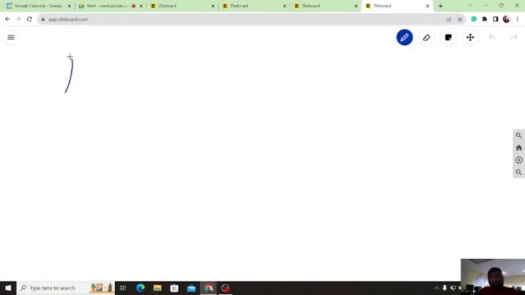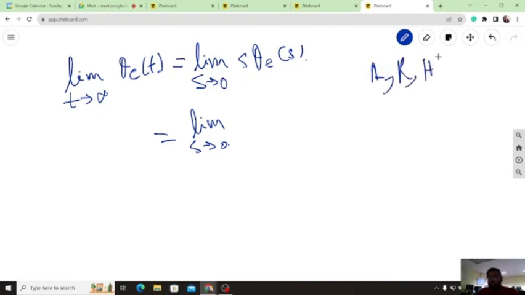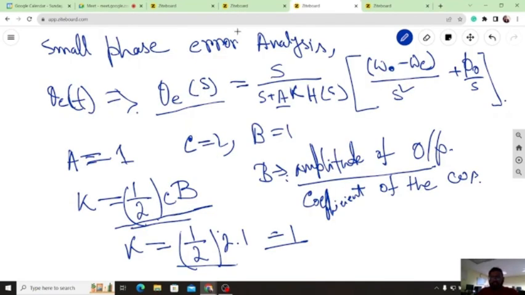So you can write the limit of t tends to infinity of theta e of t, that is the steady state error, is the limit of s tends to 0 of s times theta e of s. So it's easier to just put the values of A, B, K, and H of s equal to 1, that is given in the question.